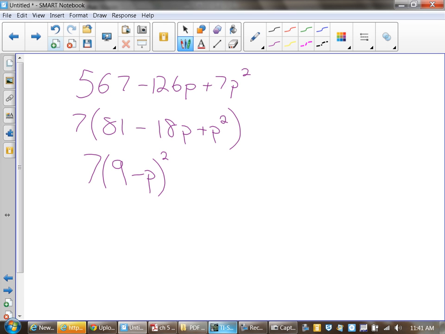Now in this case, I have to keep that 7 out front because this is not a set equal to 0 problem. When I'm factoring it out, I have to leave it there. So you can either write it as 9 minus p quantity squared, or you could write it as 9 minus p, 9 minus p. Either one is perfectly fine. If it equals 0, you don't need the 7 at all. But if it doesn't equal 0, keep it.